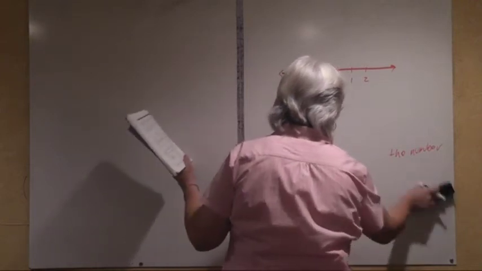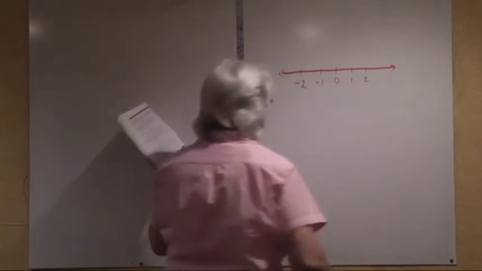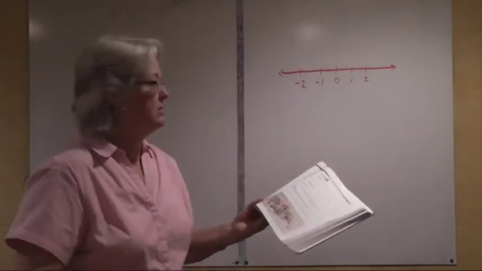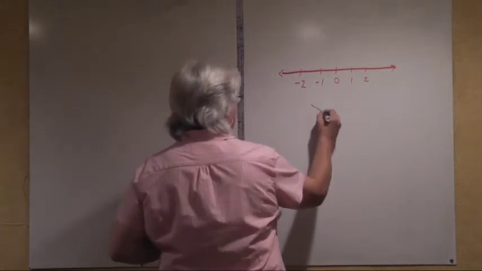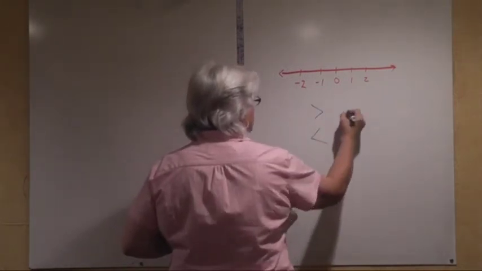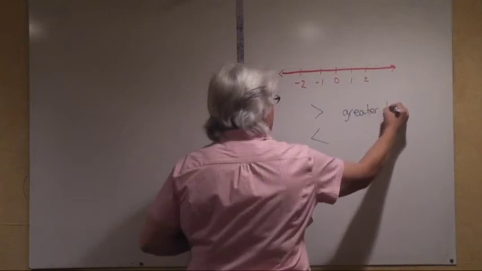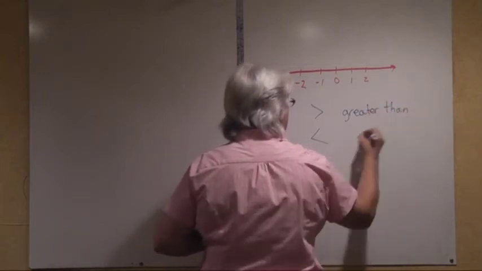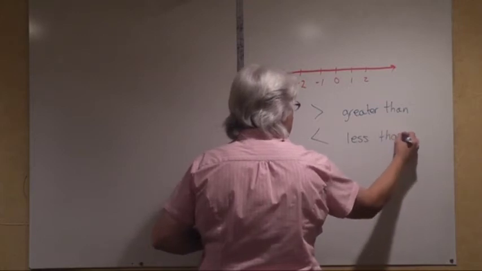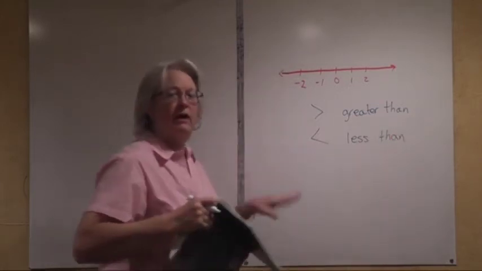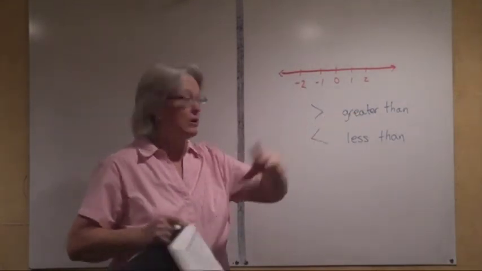Then it says that you can compare positive and negative integers using the inequality symbols. This is the greater than symbol, and this other symbol is the less than symbol. And how can you figure out which way this shark mouth goes?